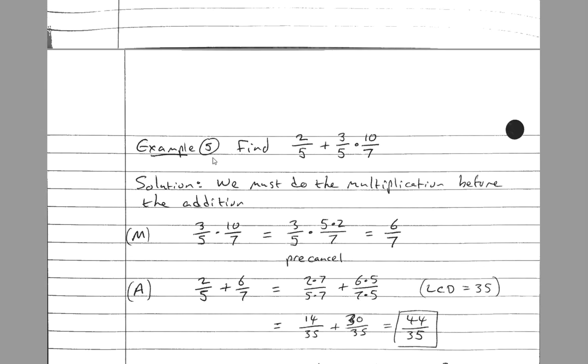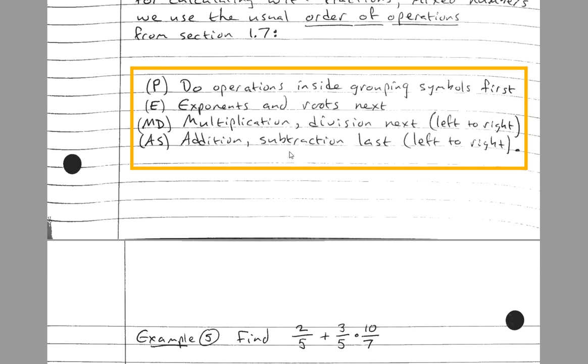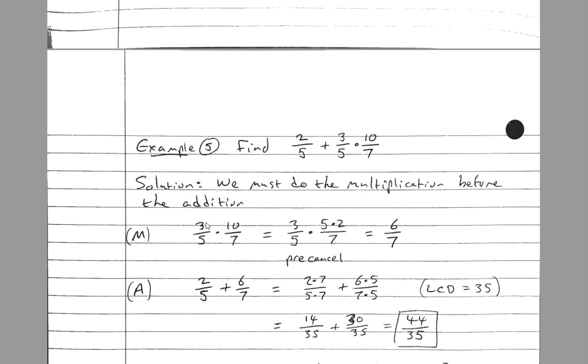Okay, example 5, find 2/5 plus 3/5 times 10/7. Okay, two operations, addition and multiplication. So we have to do that multiplication before the addition. So we're doing the M first. 3/5 times 10/7.